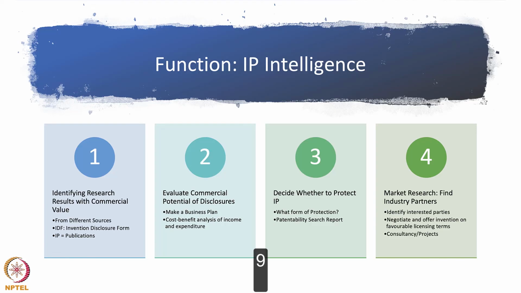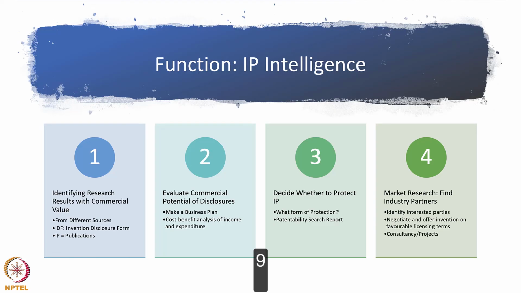We will come to that later, but this is a call that the IP center has to take, whether to protect it by an IP at all, because universities always have an option of publishing their research. So if they take a call that they will not protect it by way of an IP, then they can publish the research results and get the credit for the same. So this is where getting a patentability search report, something which we covered in last week's lecture, would become relevant.